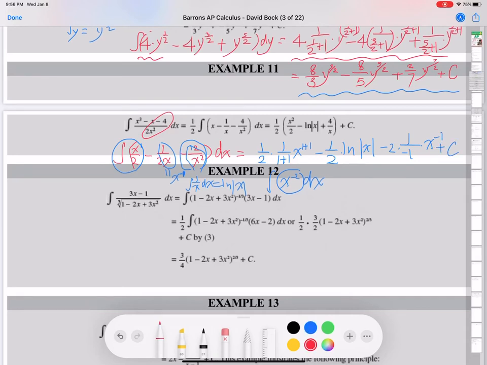If we simplify a little more, what is the answer? 1 over 2 times 1 over 2, 1 over 4, x squared, minus 1/2 ln absolute value of x, and then this part is negative 2 times negative 1, positive 2, x to the negative 1, that means 2 over x, plus c.